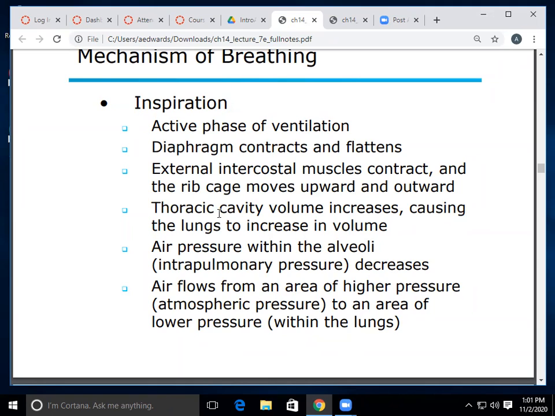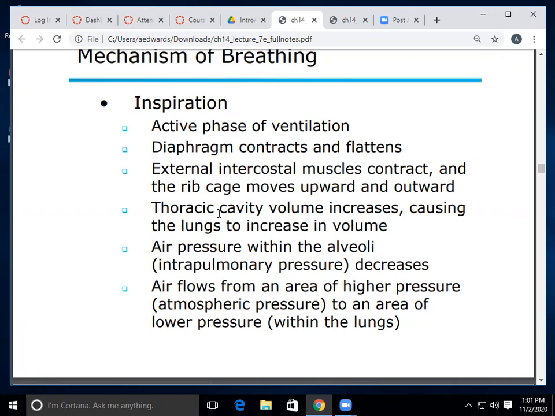Also, air pressure inside of the alveoli is going to go down. And air is going to flow from an area of high pressure, what we call atmospheric pressure, to an area of low pressure, which is inside your lungs. So with that intrapulmonary pressure in the alveoli going down, you create a pressure gradient, which moves air into your lungs.